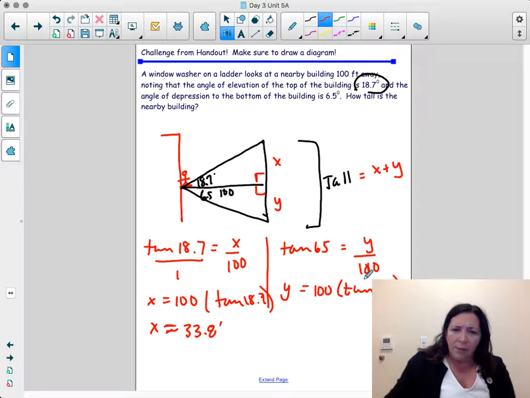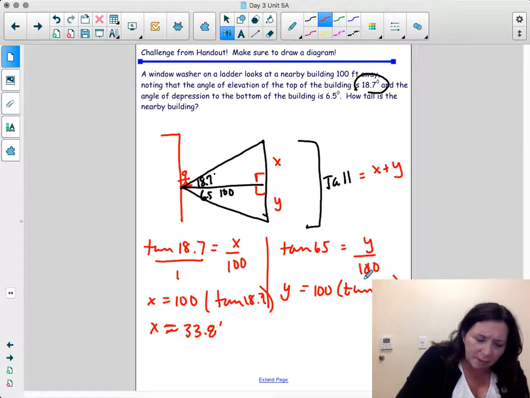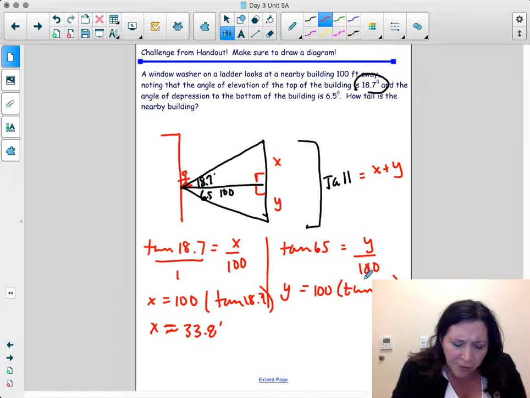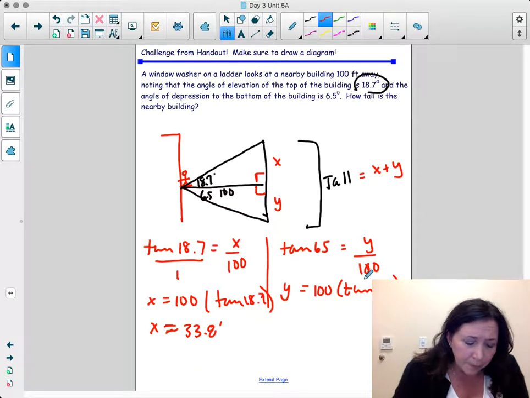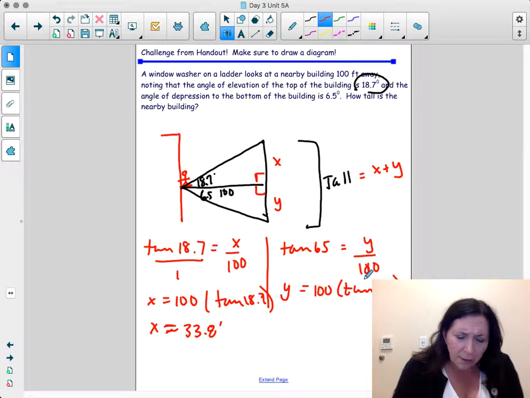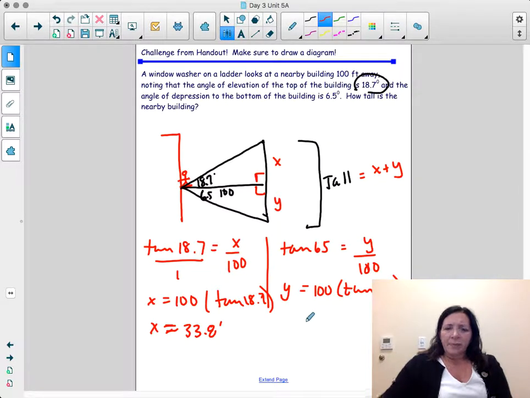And then we've got this one, which is 100 tangent of 65. And that's going to be 214.5. So this one for y is about 214.5. So all you have to do is add those two up.